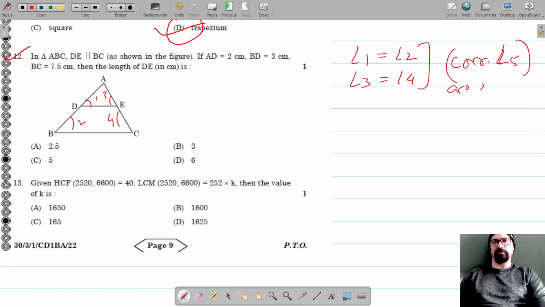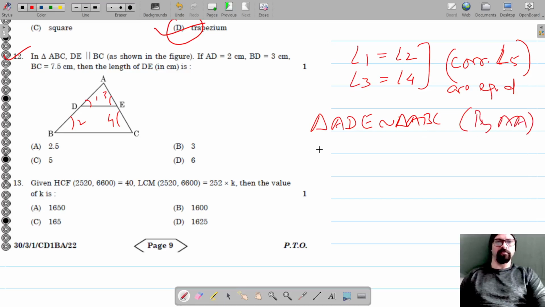And we know that corresponding angles are equal, which makes triangle ADE similar to triangle ABC, and these are similar by the AA rule.